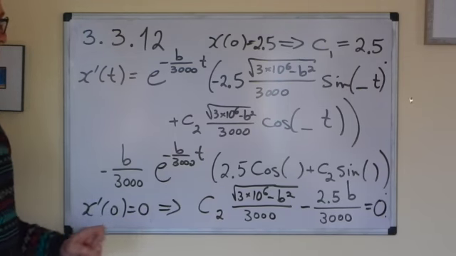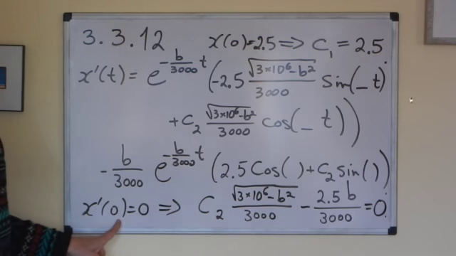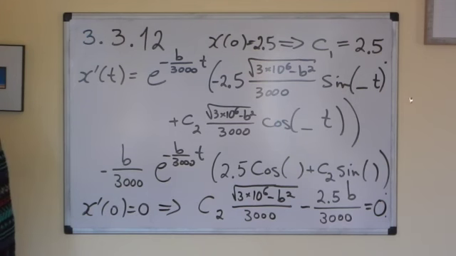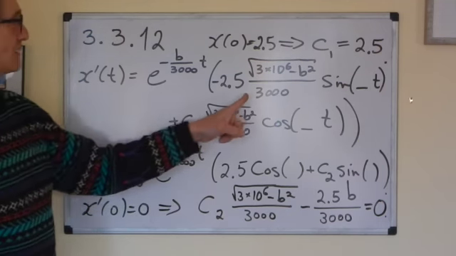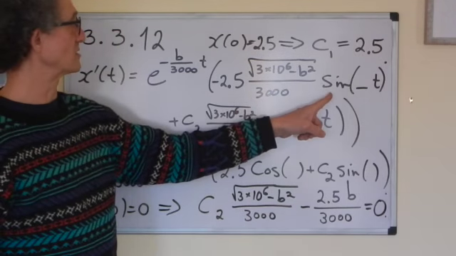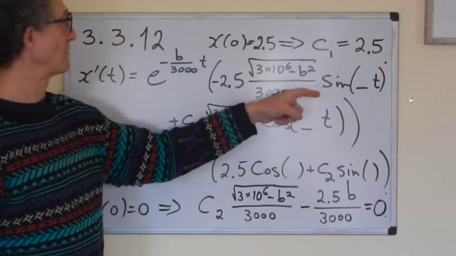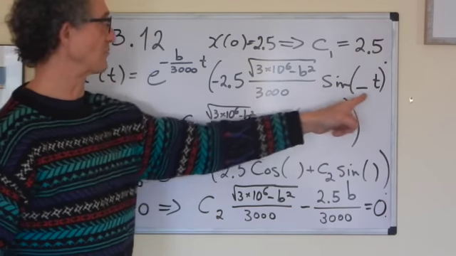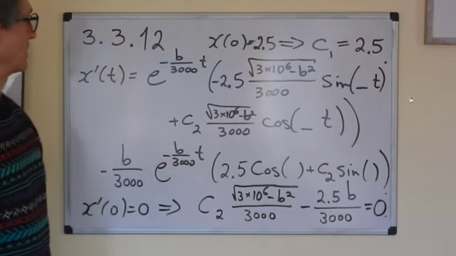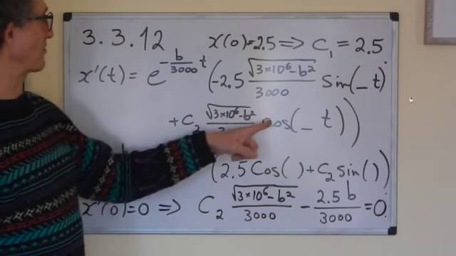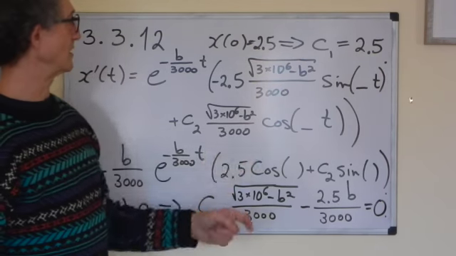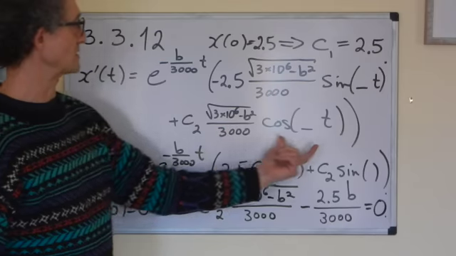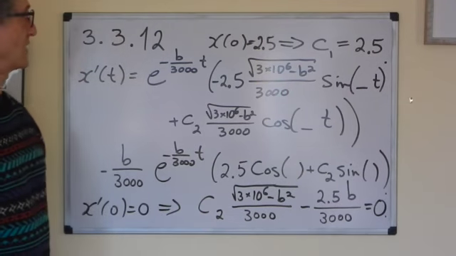And now to calculate the second initial condition, meaning that the car starts at rest, we need to calculate the derivative. So we have the exponential times the derivative of cosine, which gives us sine, times the constant in front of t, and then the derivative of sine, which gives us cosine, again times that same constant that's in front of t.